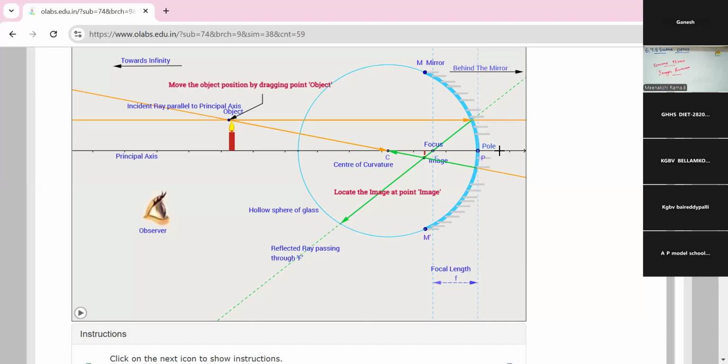First, reflection. What is reflection? Reflection means the light travels in one medium and comes to another portion. We already saw one simulation of how reflection occurs: water to air medium, air to glass medium, different kinds of medium.